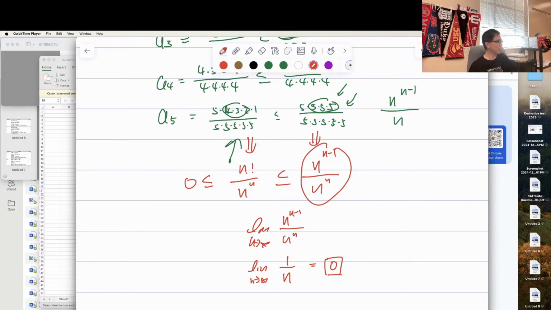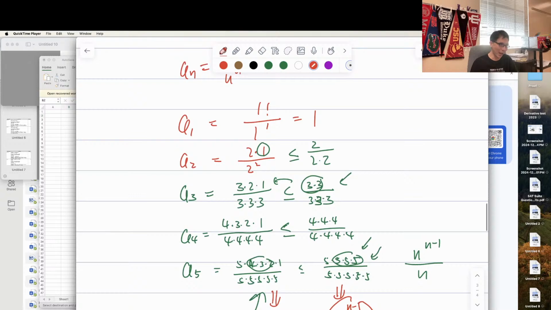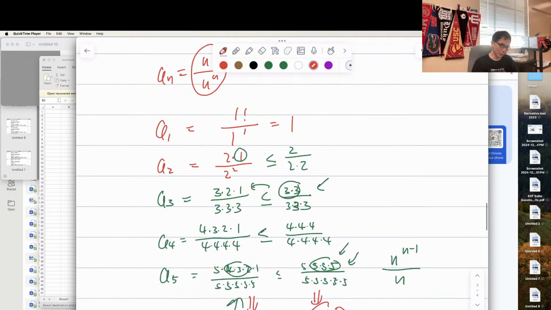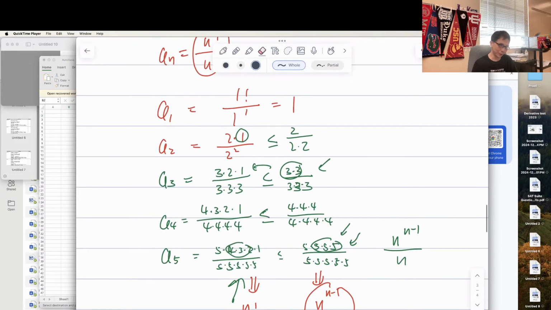You make it something bigger, but you take that bigger value and reach infinity. And that's still going to 0, therefore the small one has to go to 0 as well. Because the one we have is the small one, but we compare it to this because it can be simplified down to a very easy simplification, so you can reach that.